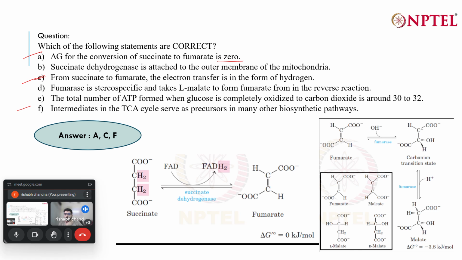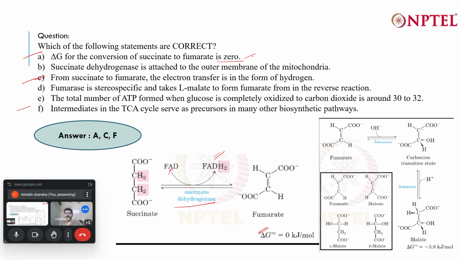So yes, as we can see here, the succinate to fumarate is done by the enzyme succinate dehydrogenase, and the hydrogen molecule is actually transferred to the FAD. Okay, so both electrons and the H plus ion are transferred to FAD molecule to form FADH2. Okay, so in this reaction the delta G naught is actually 0. Okay, so this is correct.